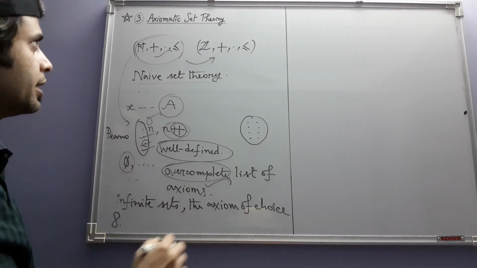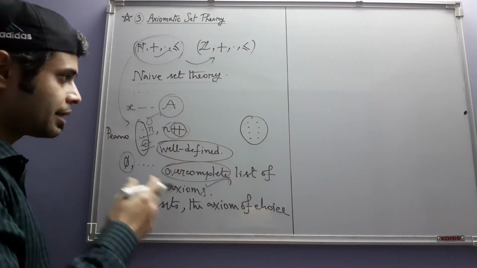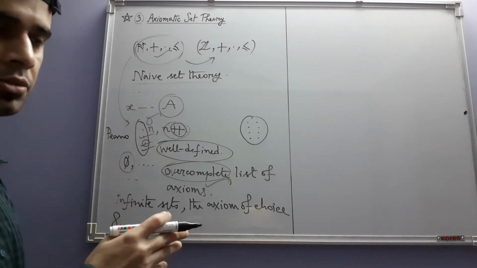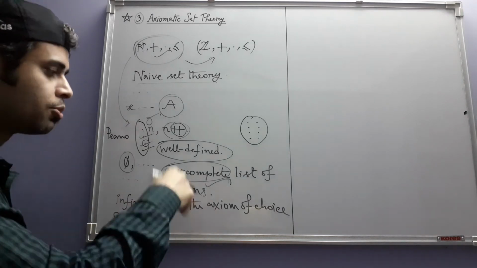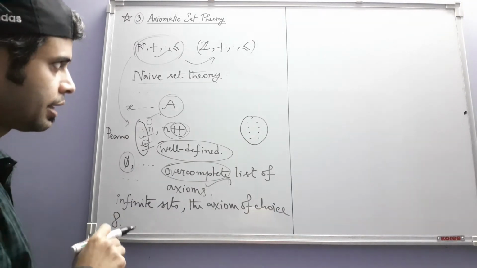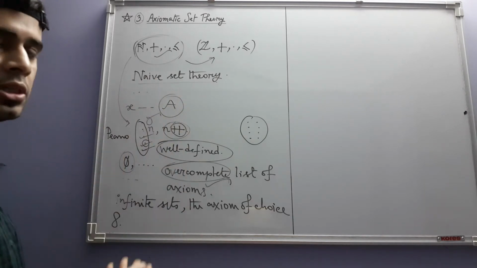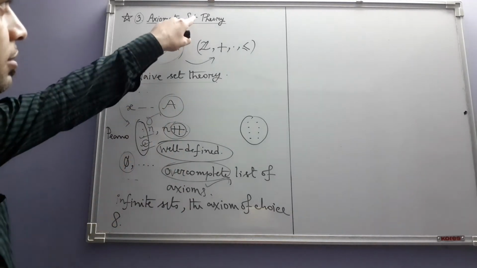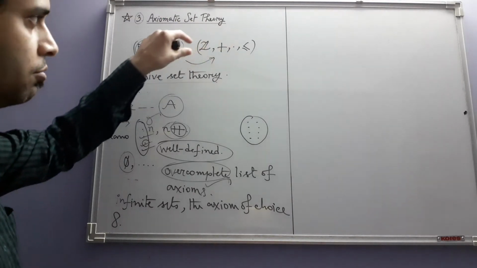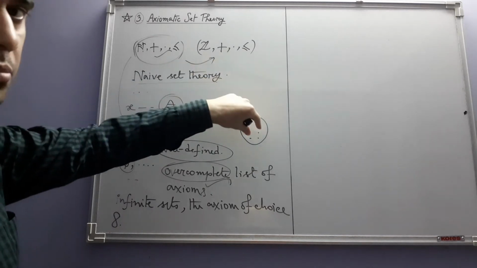Also, one more thing is that a study of all the subtleties of set theory, all the finer details of set theory, and the much more advanced topics is well beyond the scope of this text. And it's also not our purpose to study set theory from a logical point of view. This set theory is an entire subject in itself, which lies more in the realm of logic than the realm of mathematics.